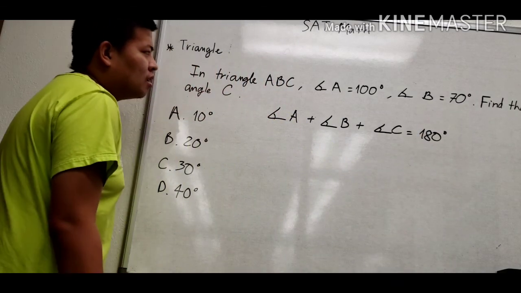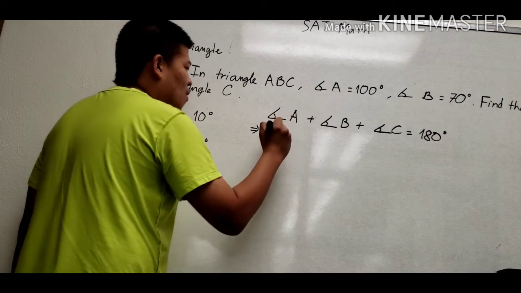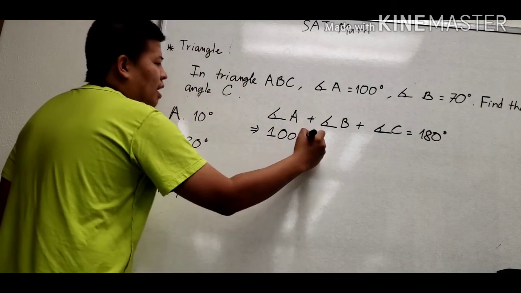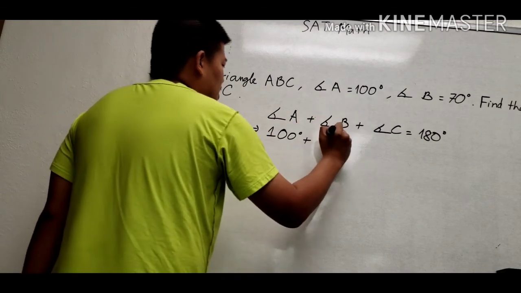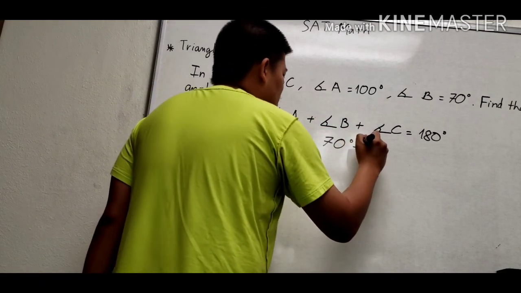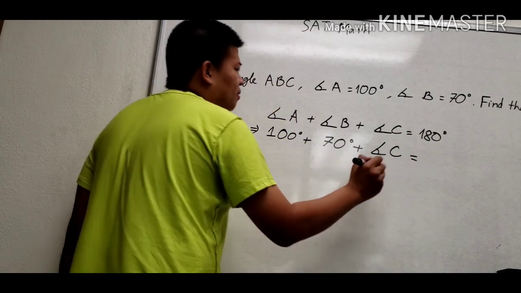So angle A is 100 degrees, angle B is 70 degrees, and angle C is the number we need to find.